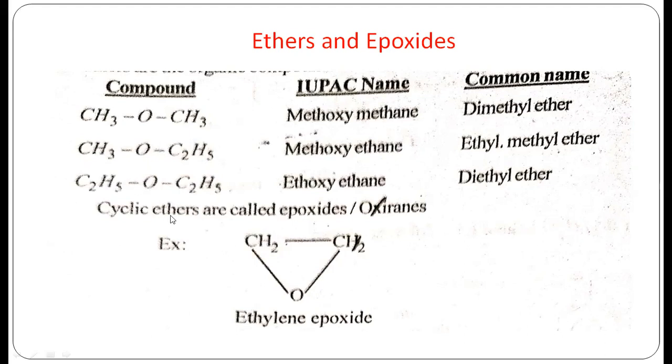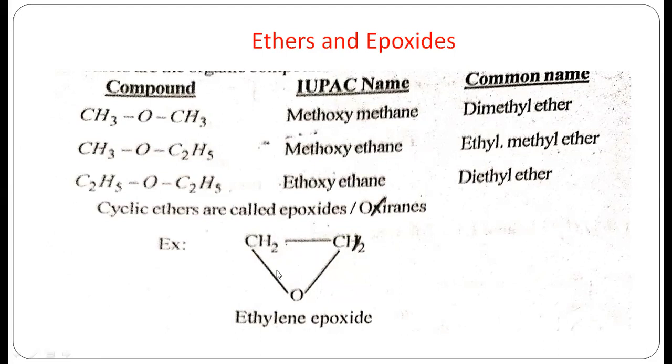These cyclic ethers are called epoxides or oxiranes. The ether linkage is nothing but the O-R linkage, called ethers. This cyclic linkage, that means the ring formation of these ethers, is called epoxides or oxiranes. This name is ethylene oxide because two carbons are present, ethylene.